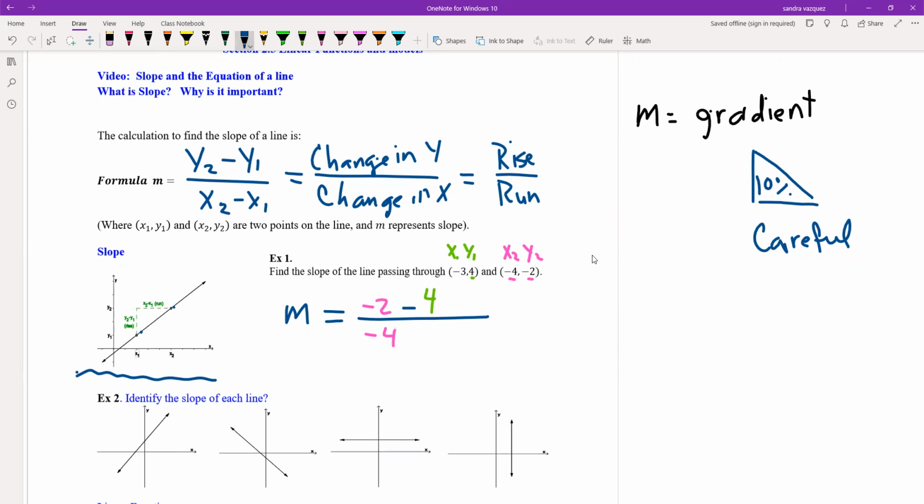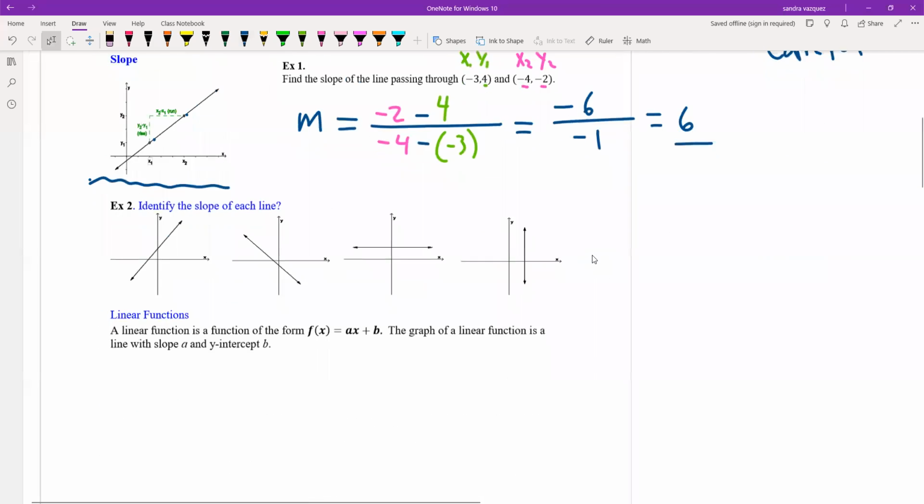Then minus x1, and x1 is -3. Then using a calculator, you can plug it in. -2 minus 4 is -6, over, well, 2 negatives become a positive, -4 plus 3 is -1. And so the slope happens to be 6. That's it. That's how you do it when you have 2 points.